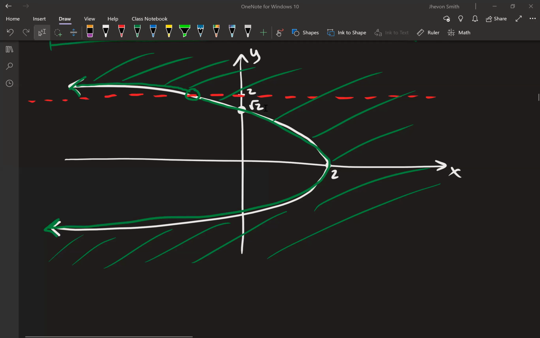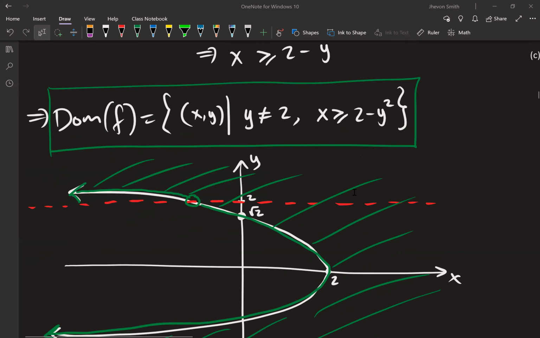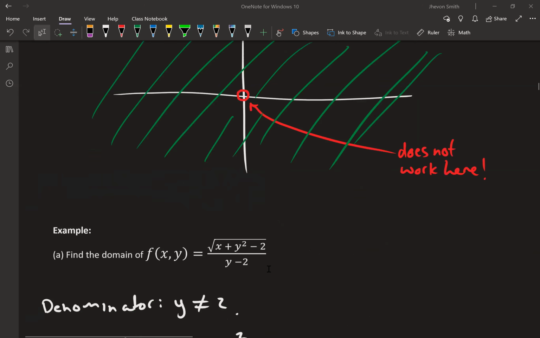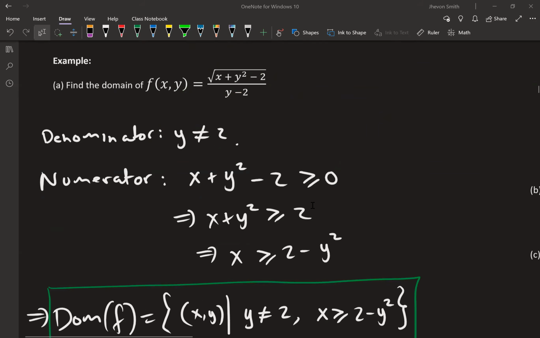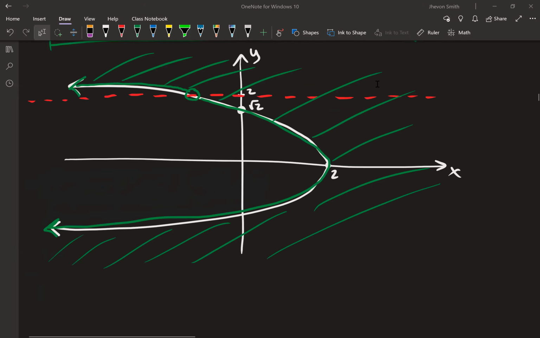No, nothing on the red line can work, because everything on the red line is where my y is equal to 2. So that would cause a division by 0. So nothing on the red line works. The red line is excluded.